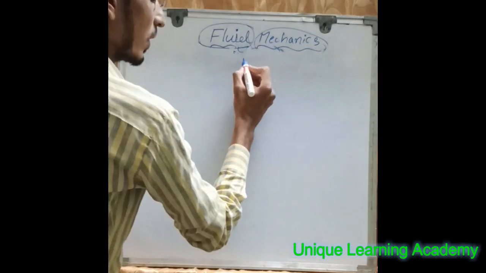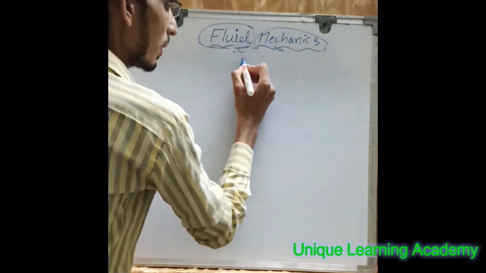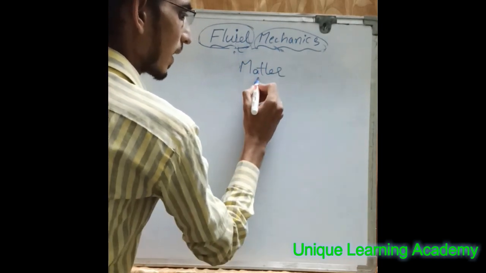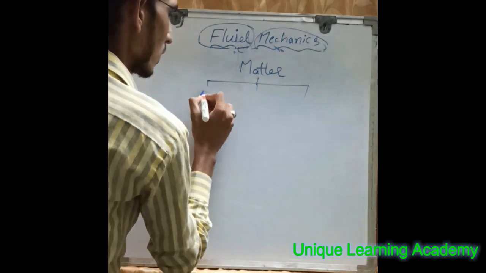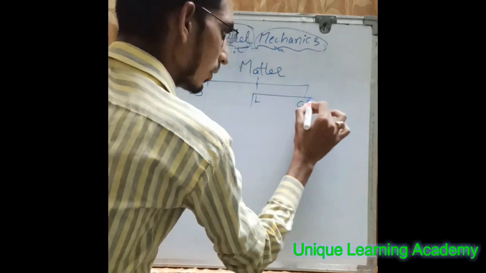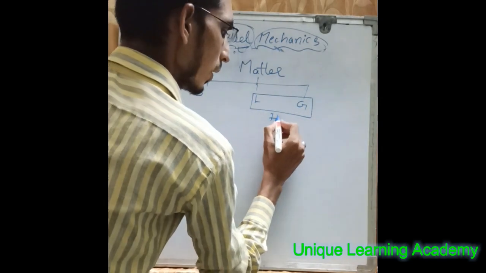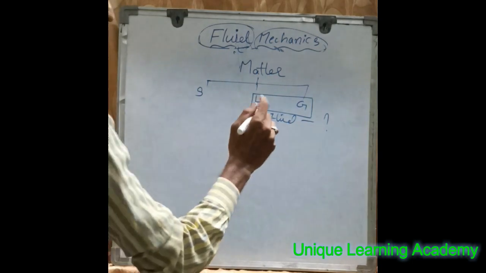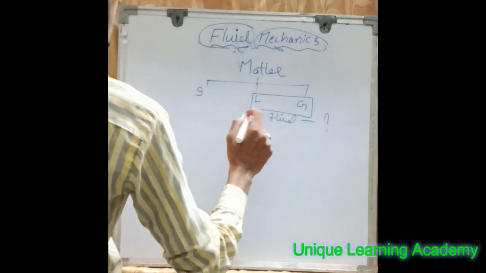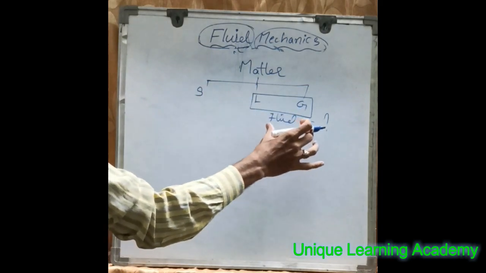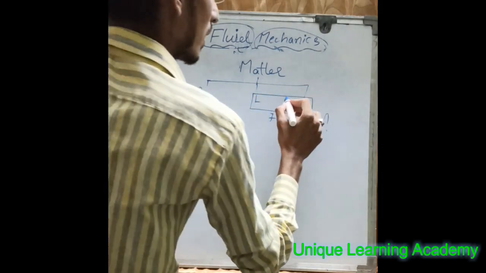Matter consists of three types, that is solid, liquid and gases. But liquid and gases we are going to treat as a fluid because of its molecular space.